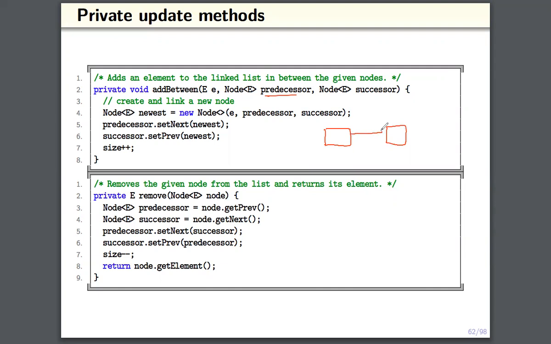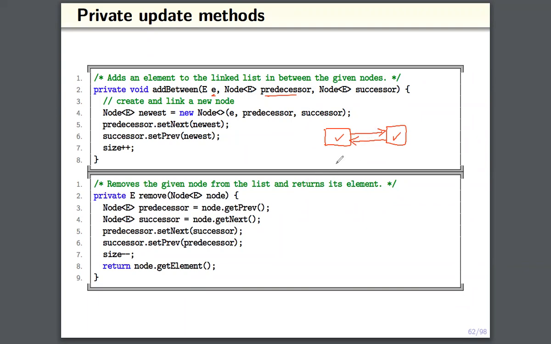Suppose they are like this before. You want to create a node with information E such that its predecessor is this, its successor is this. That means you want to add a node in between these 2 nodes.